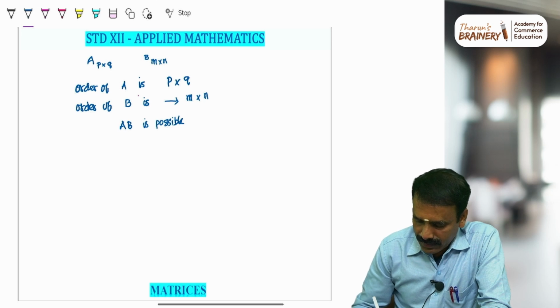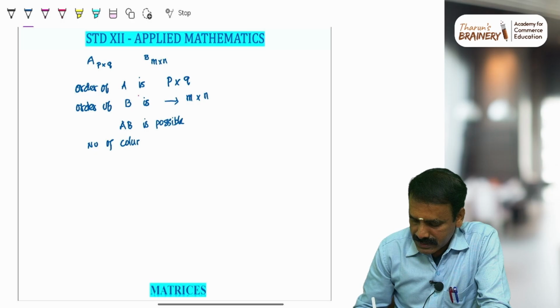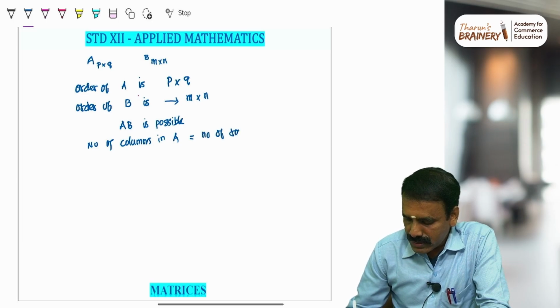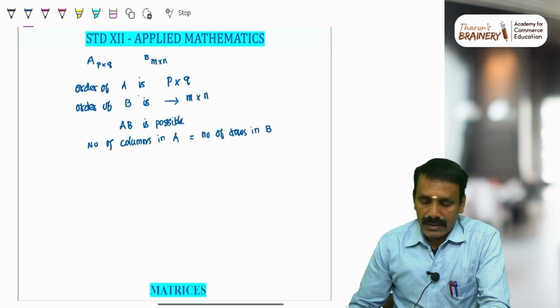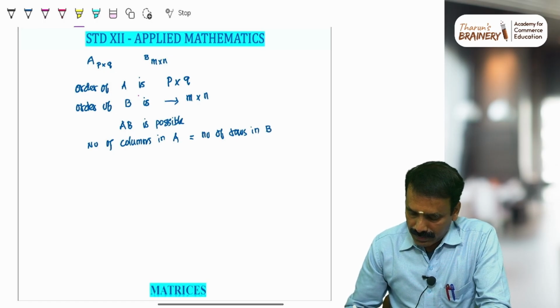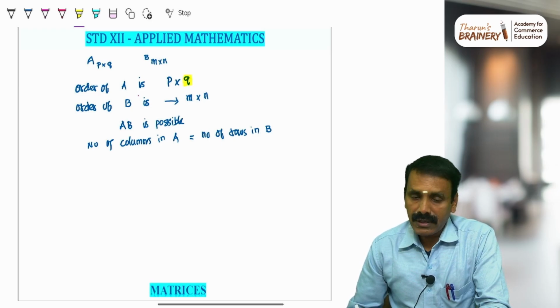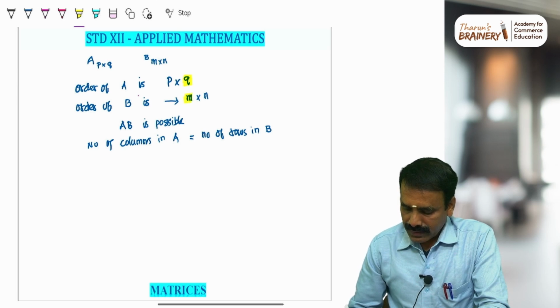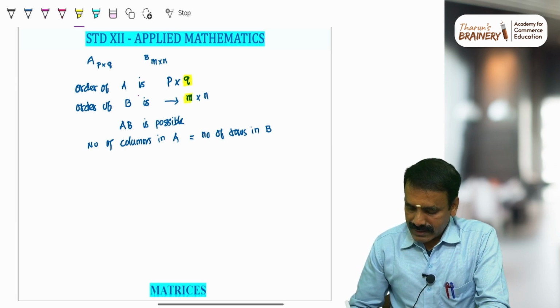only when the number of columns in matrix A should be equal to the number of rows in matrix B. That is, the number of columns in the first matrix should be equal to the number of rows in the second matrix.